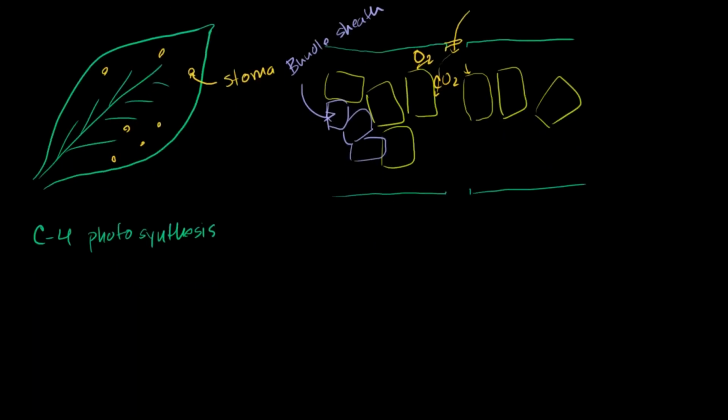So in our mesophyll cell, you have CO2 coming in, and instead of reacting with ribulose bisphosphate, it reacts with another very hairy sounding compound. We'll just call it PEP, but it's phosphoenolpyruvate. So that's PEP.